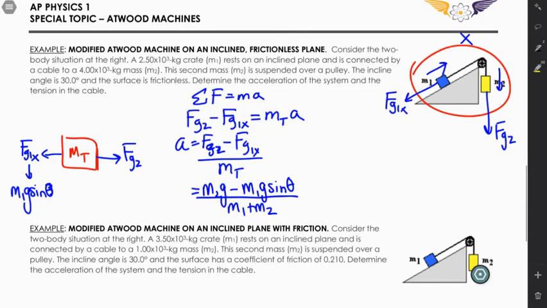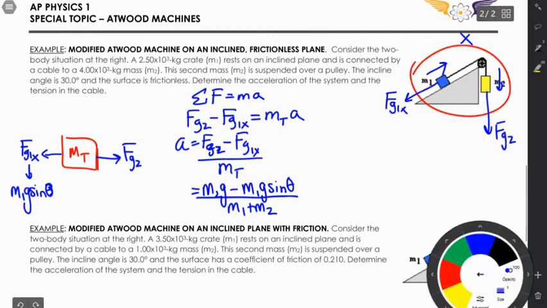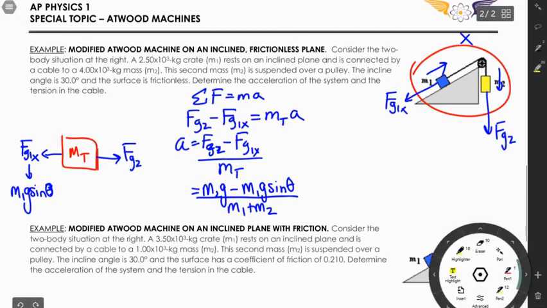Now, because I have to plug all this in and I'm going to run out of room, something you could do is collect all these numbers off to the side. M2 g, or FG2, is just M times g, which is 40,000. FG1X is 25 hundred times 10 times sine 30, which is 12,500.